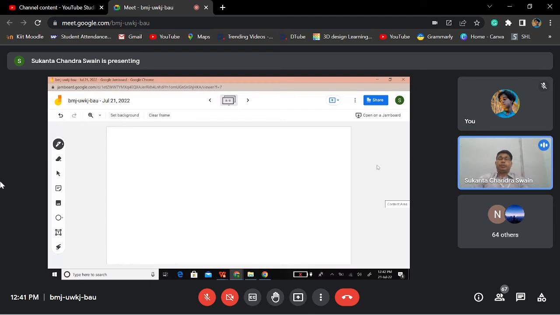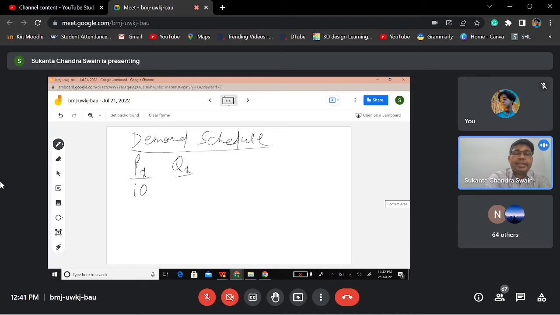Okay, so we will make a table of this, and this table is called the demand schedule. It means the tabular presentation of the law of demand is the demand schedule. We will have price of X and demand for X. So price of X: 10, 20, 30, 40, 50.